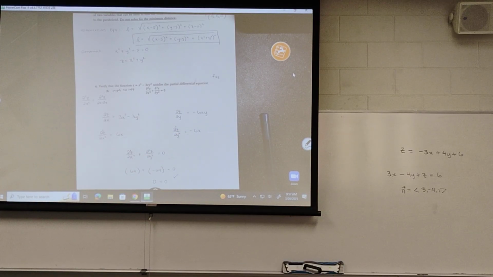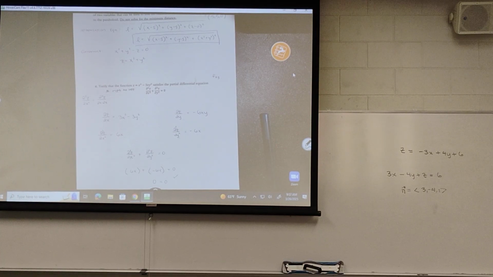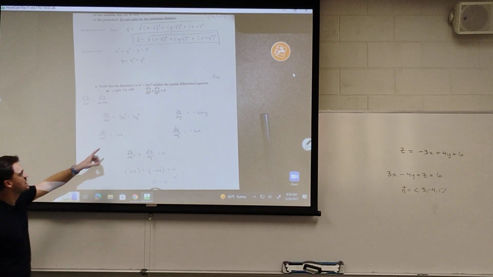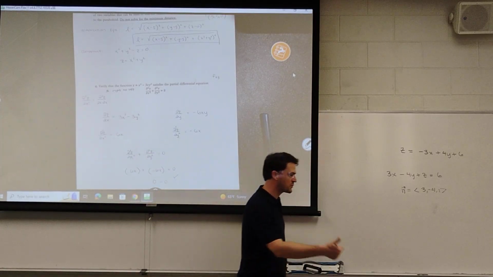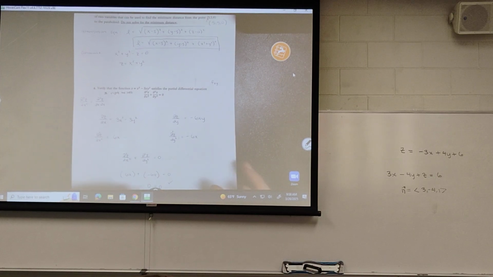And this is just saying show that when you add those two things together, you get 0. So again, the heavy lifting there is just the notation, remembering the notation that this is the second partial with respect to x, then x again. Questions?